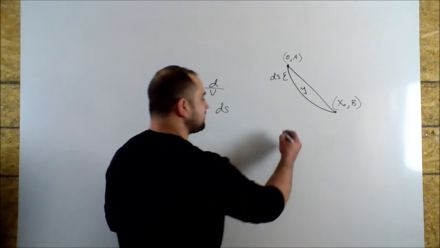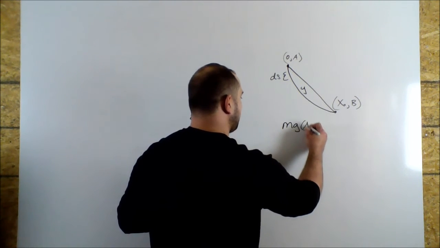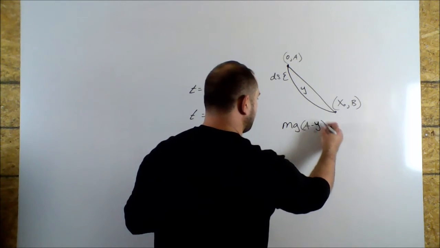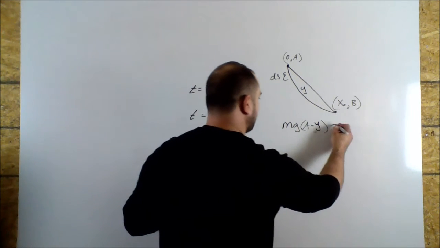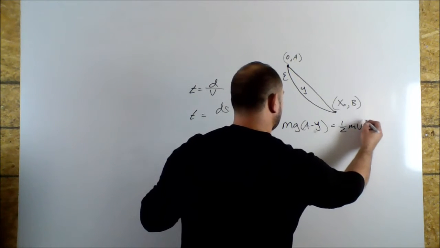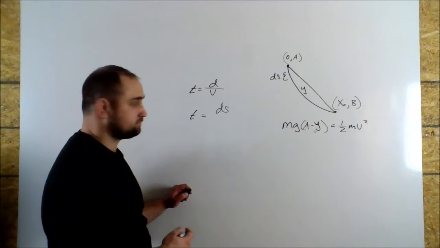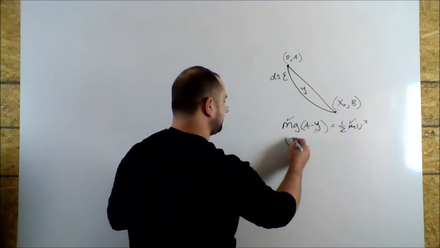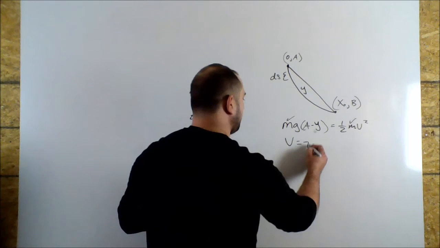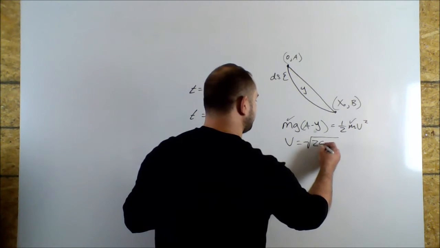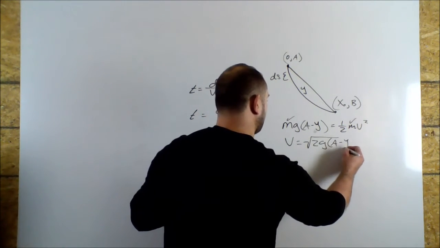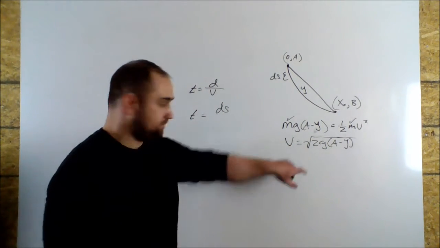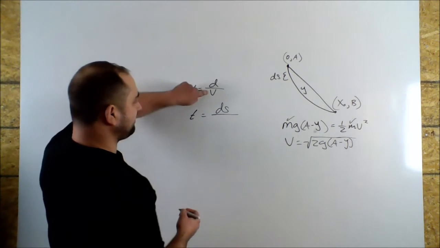Mathematically, that's just saying that my change in potential is equal to my change in kinetic. So our masses cancel out, and we're simply left with an equation for velocity of the square root of 2g times a minus y. This is the equation that we're going to put in for our velocity.